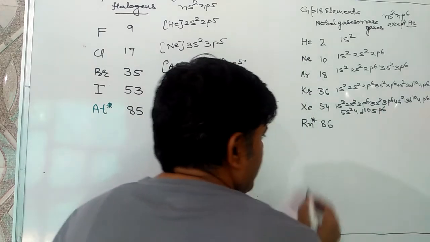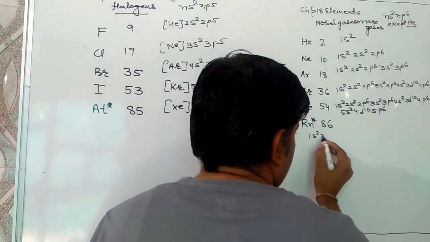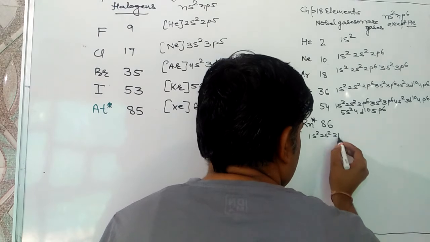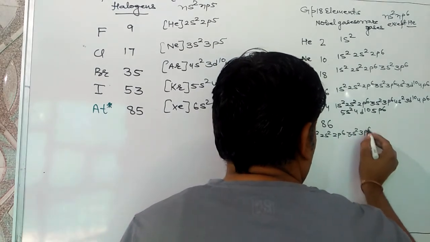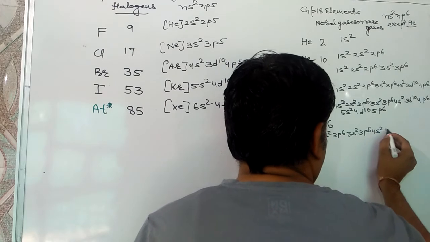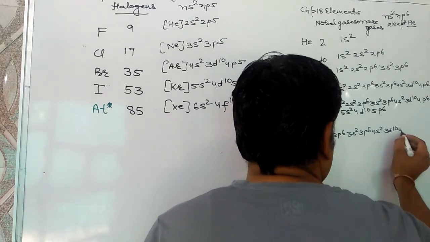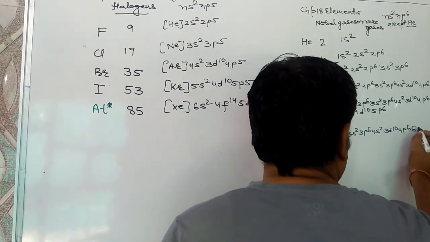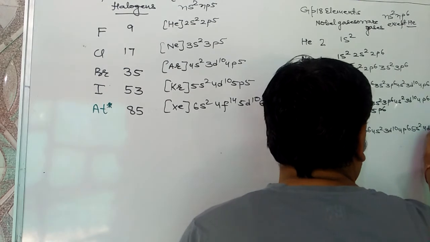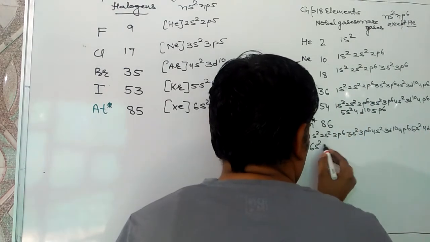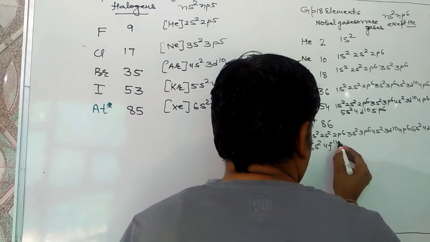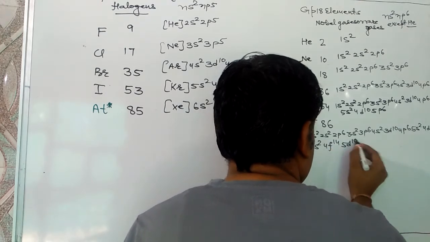And for radon, it will be 1s2, 2s2, 2p6, 3s2, 3p6, 4s2, 3d10, 4p6, 5s2, 4d10, 5p6, 6s2, 4f14, 5d10, 6p6.